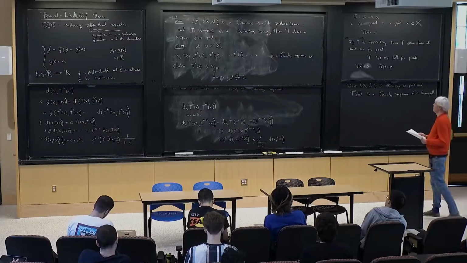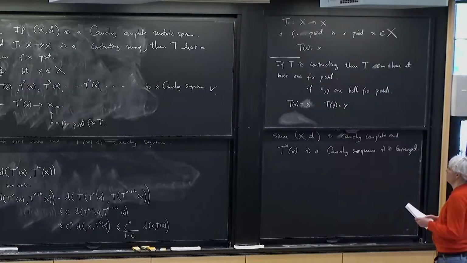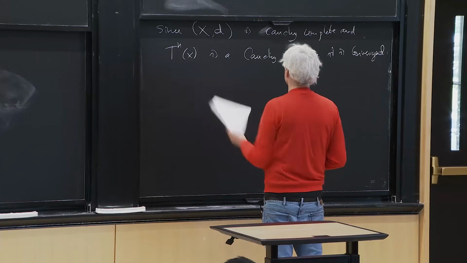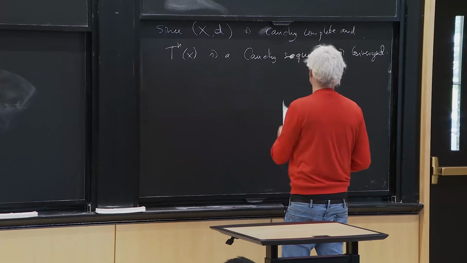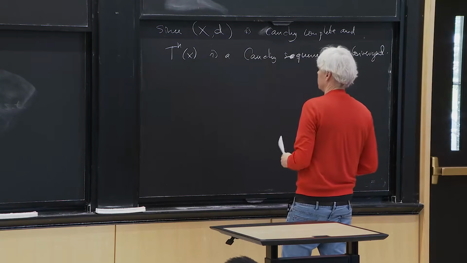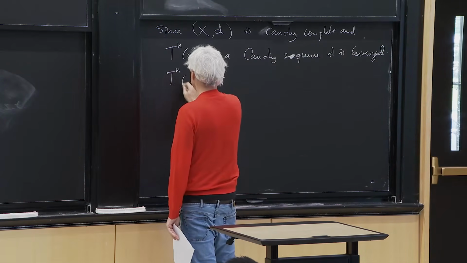Okay. So what we have proven is that we have this Cauchy complete metric space, and this sequence, with x fixed again, is a Cauchy sequence. And since this metric space is Cauchy complete, it is convergent, and I can denote the limit.